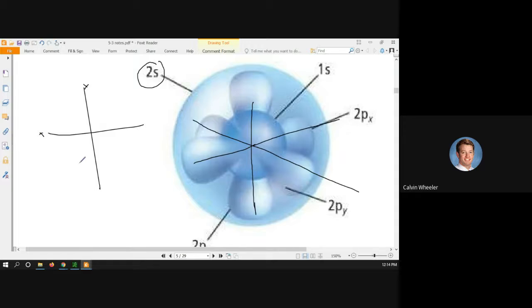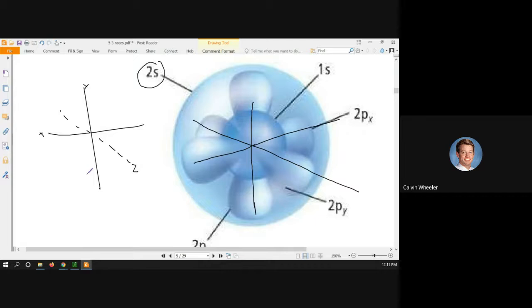If we have one that's perpendicular to the other two, so 3 dimensions, then we have what's called the z axis, and that's coming towards you. Okay, so x, y, that's your typical coordinate plane that you're used to in math class, but we're adding one more because we're dealing with 3-dimensional atoms, and that's the z coming towards you.